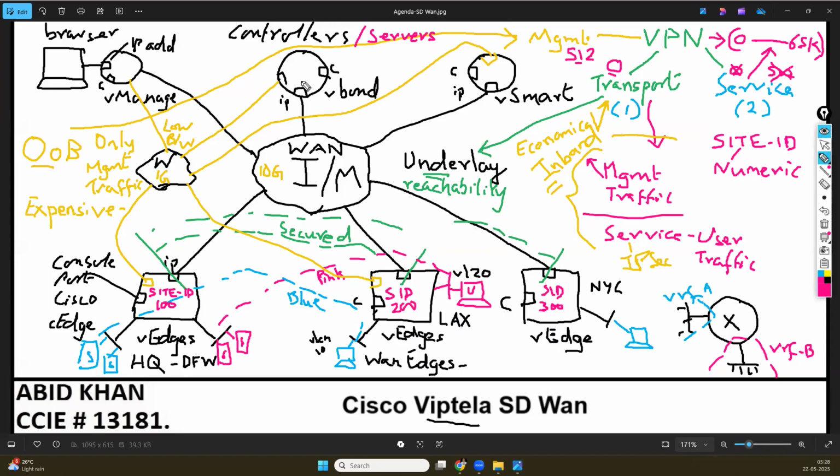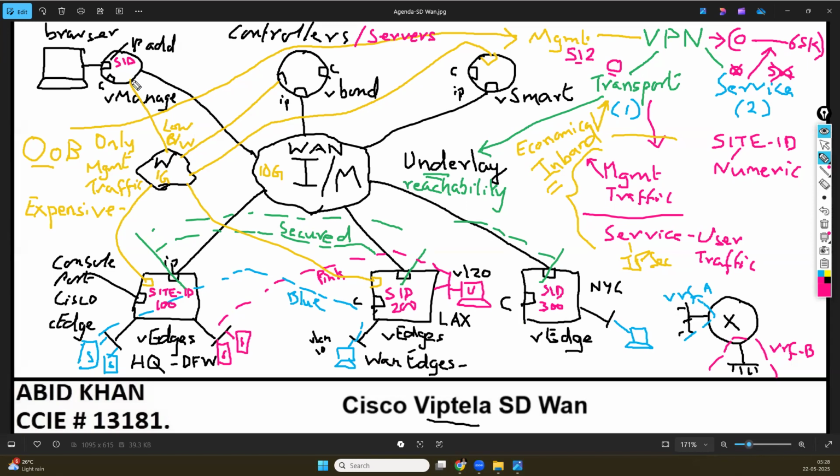These controllers, if they are in the same location, then their site ID can be the same. Or since they are controllers, even though they are physically scattered and spread across different parts of the world, I can still give them a common site ID. So the site ID has nothing to do with the physical location.